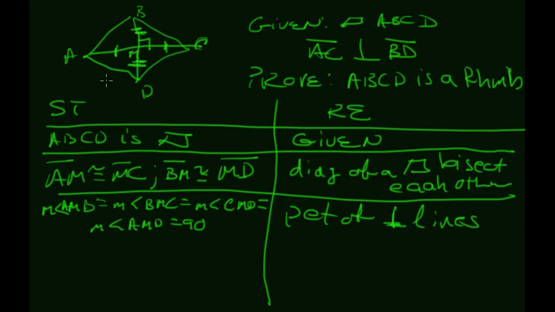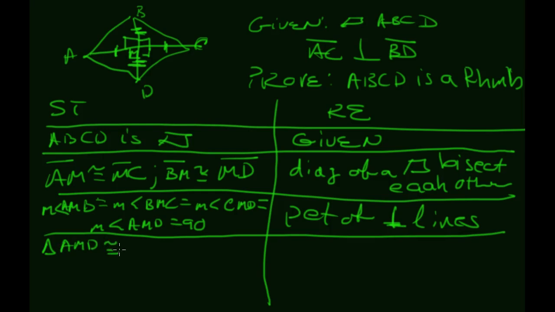So all of these have to be right angles, which in turn makes a whole bunch of congruent triangles. Triangle AMB has to be congruent to triangle BMC, has to be congruent to triangle CMB, sorry, it has to go the other way.